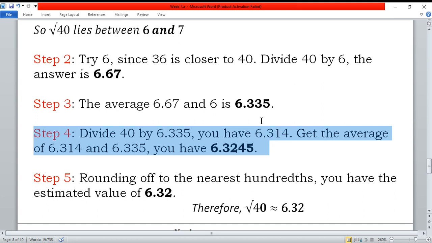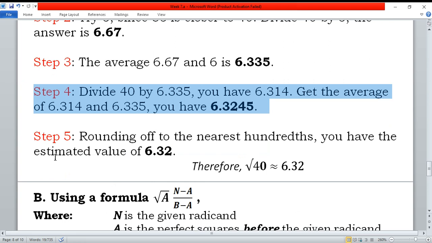Yung 6.314 naman at 6.335 ay i-add natin tsaka i-divide sa 2 para makuha natin yung average ng dalawa. Okay? So, you will have a result of 6.3245 ten thousandths.